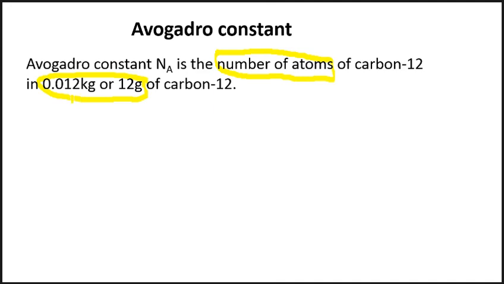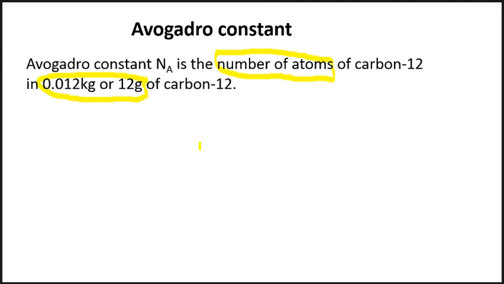Why? Because 1 mole of atoms, from what I explained the other time under mole, is also equivalent to 12 grams, which is the relative atomic mass. So if the Avogadro constant is equal to the number of atoms, it's the same as 1 mole of the same element.